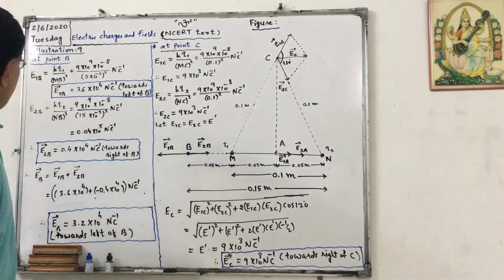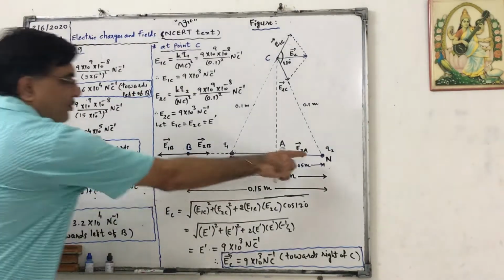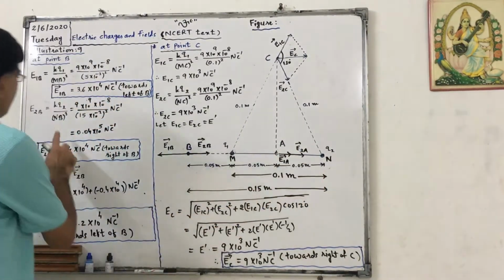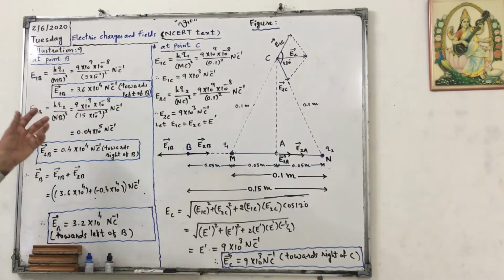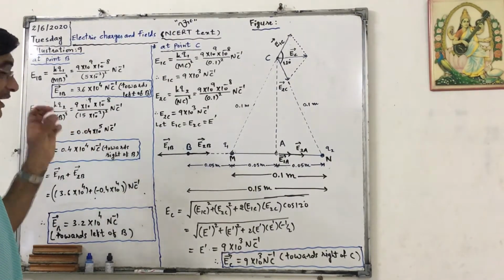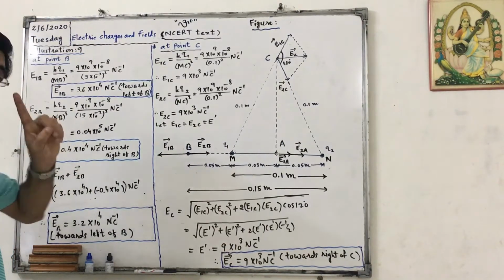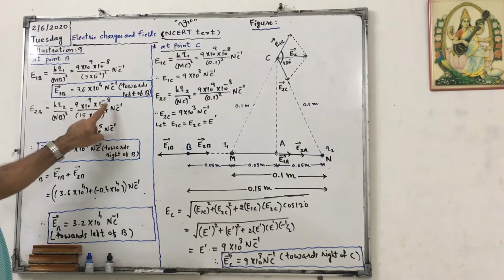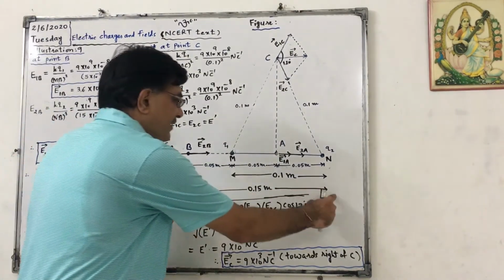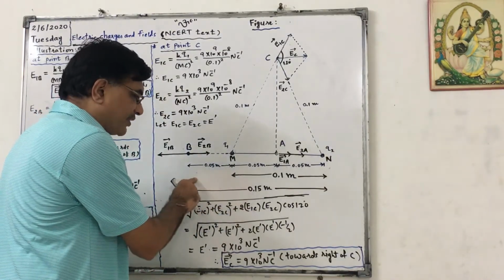Now E2B. So KQ2 upon this distance, that is NB square. K is 9 into 10 raised to 9. For Q2 we just write the magnitude only, because we are finding magnitude. Direction we have already discussed. So into 10 raised to minus 8 upon this distance; this distance is 0.1 given in data, and this distance is also given in data, 0.05.